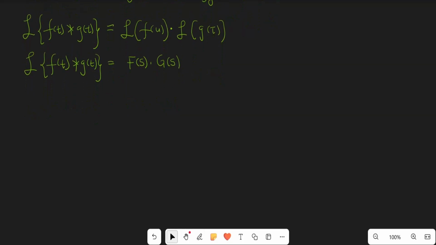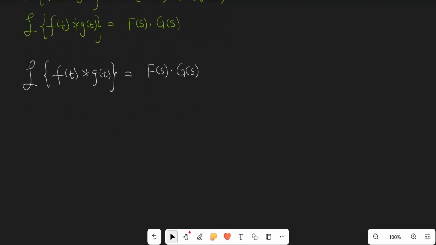So we have established the result. So the beautiful result is that, let me write in a different color, in white, the Laplace transform of the convolution, that is f of t convoluted with g of t, is equal to F of s multiplied by G of s, like this.